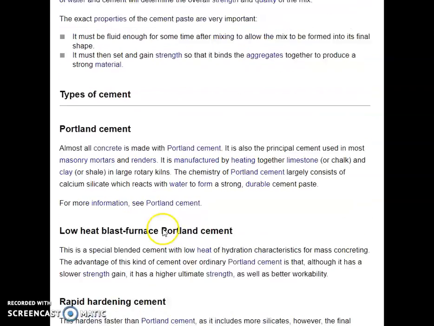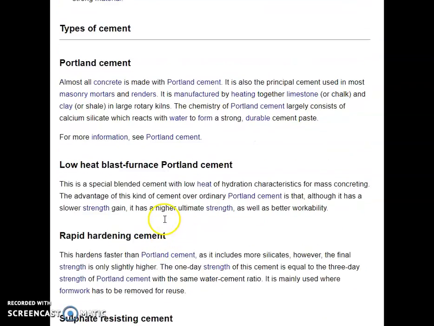Then the next subtopic is types of cement. Portland cement. So almost all concrete is made with Portland cement. It is also the principal cement used in most masonry mortars and renders. Renders means what is applied on any vertical surface, something like walls and all. Okay? Renders means now in this context it is basically talking about plasters, what you apply on the walls.